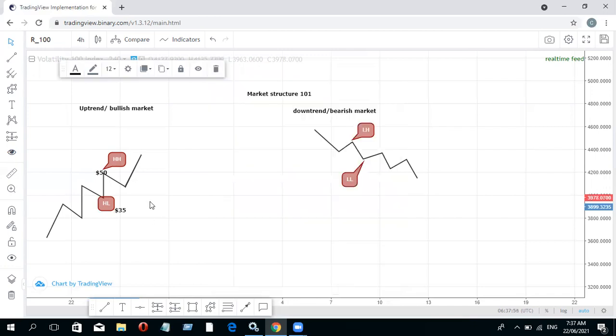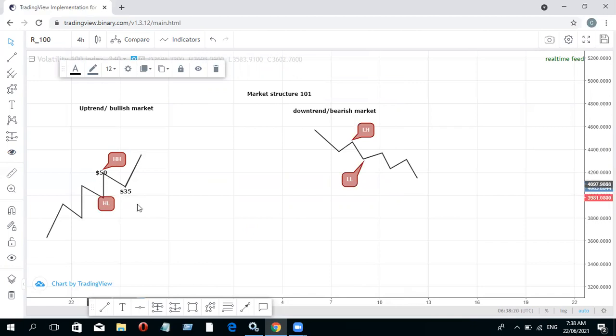Normally, let's assume that maybe you want to shop, or you go to a mall and you want to buy something. You want to buy this stuff when the price is low. You don't want to buy it when it is high. This is $50. This level here is $35.